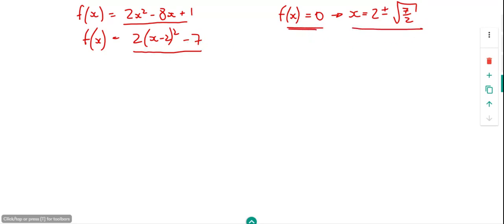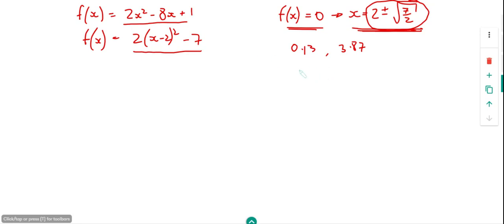We'd got it as this value. And if I work out what those values are, because that's in exact form at the moment, which is great, but we might want it as a decimal in order to be able to plot them, we would get 0.13 and 3.87 as the two values that these would work out to be.